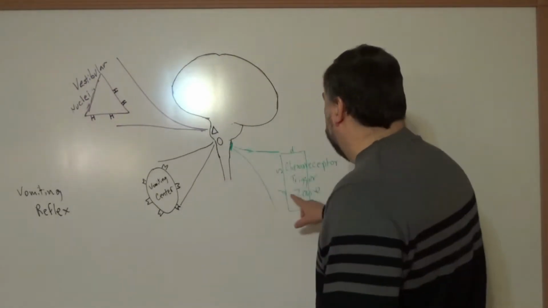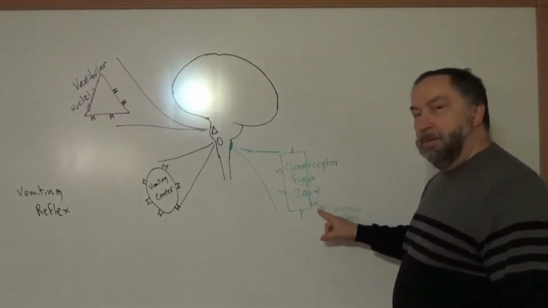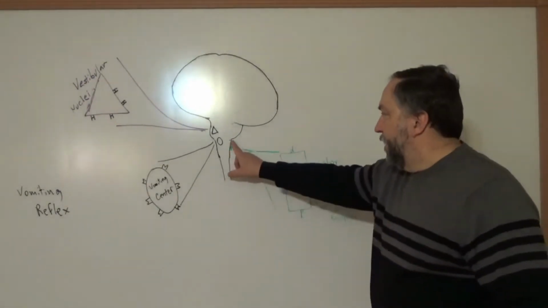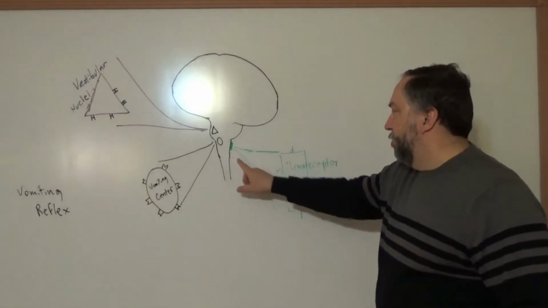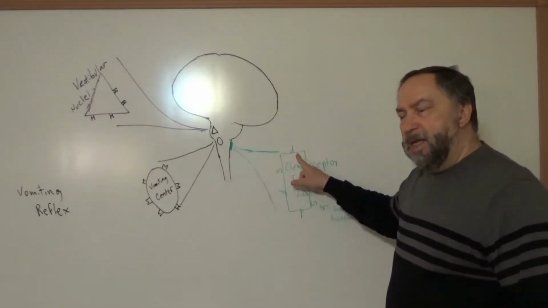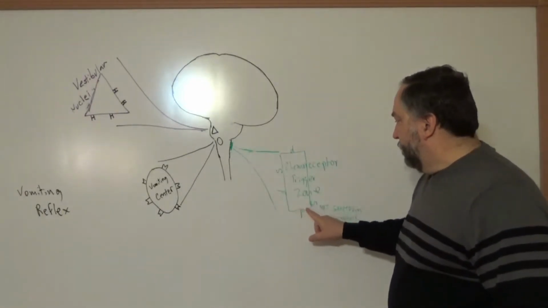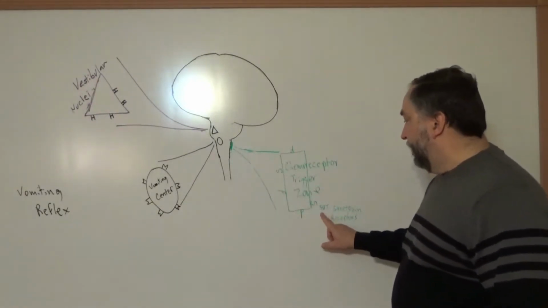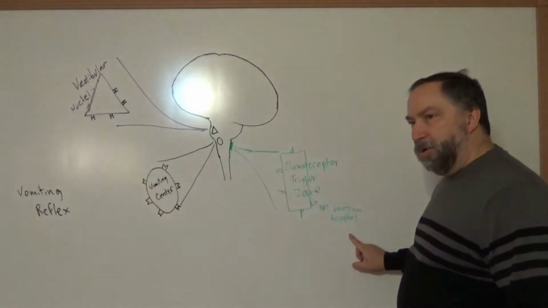And then we've got the chemoreceptor trigger zone. Right back here is the chemoreceptor trigger zone. Right? And it has dopamine receptors on it that activate it, and it has serotonin, which is 5-HT, serotonin receptors.